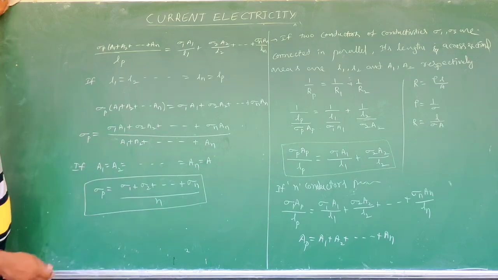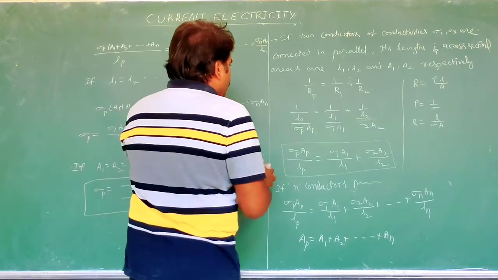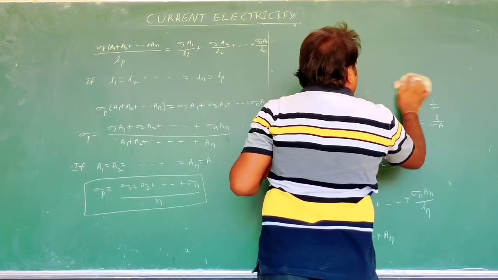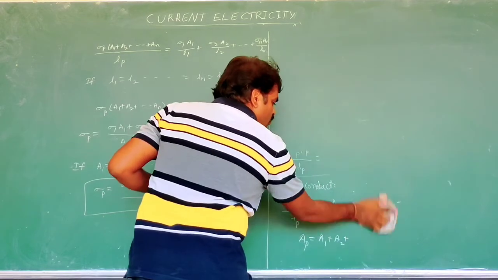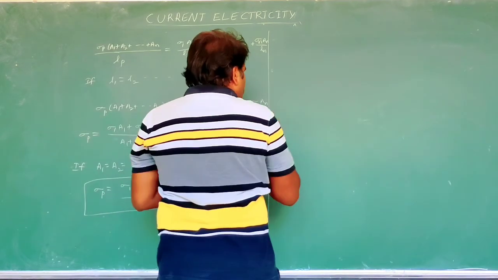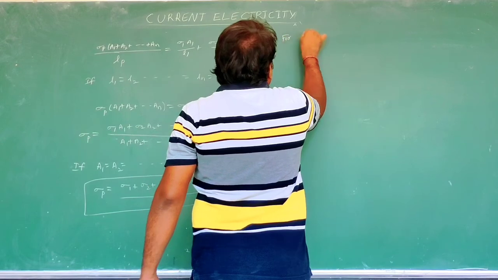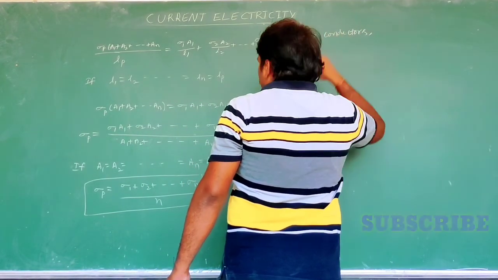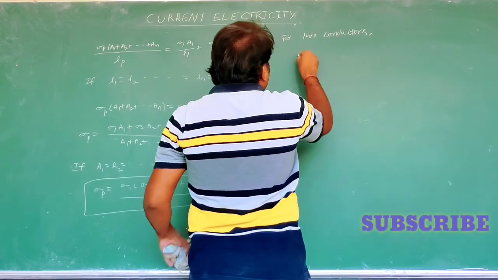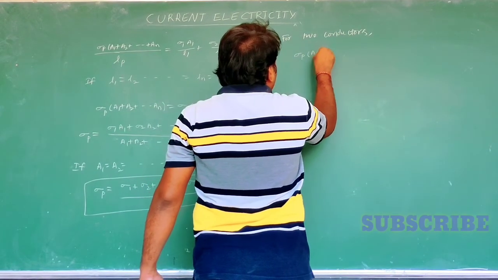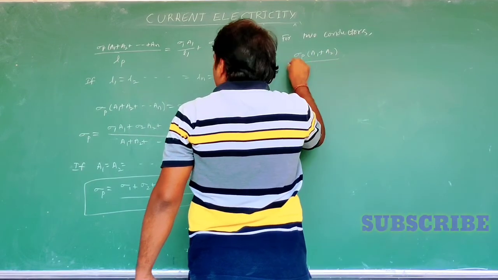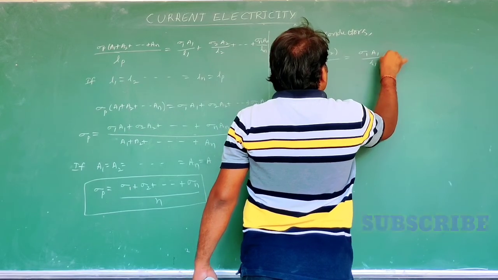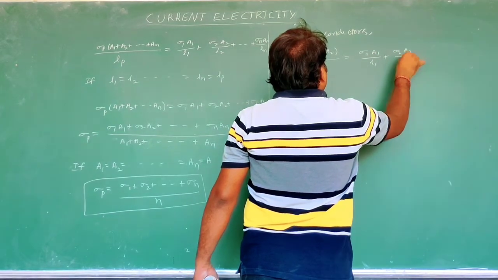In case of two conductors, sigma P into (A1 plus A2) by LP is equal to sigma 1 A1 by L1 plus sigma 2 A2 by L2.